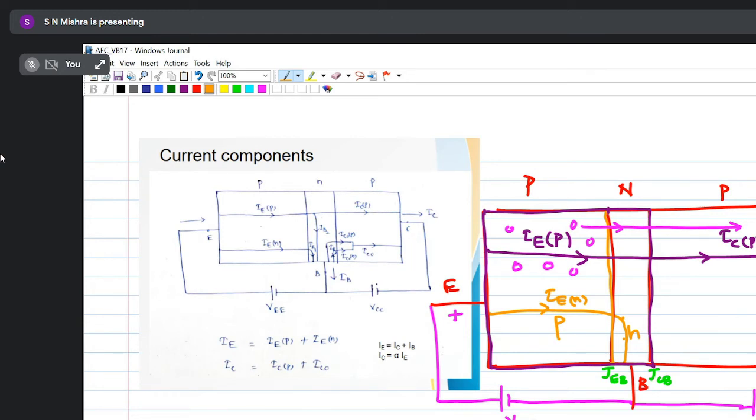So overall, whatever current I am taking here, IE, that is due to electron and hole. So I can write IE equals IE due to hole plus IE due to electron, which are leaving the emitter. Is this part complete or any doubt?